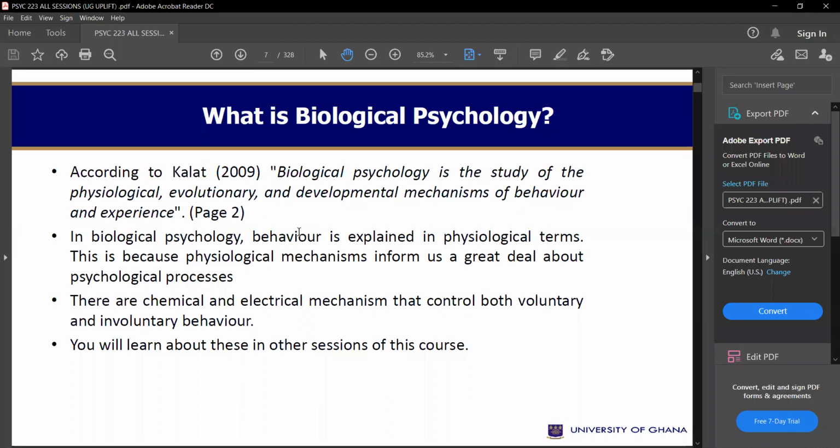So we normally say that in most situations, whatever thinking patterns we have, it affects our brain. So it is essential for us to understand the activities that go on in the brain.